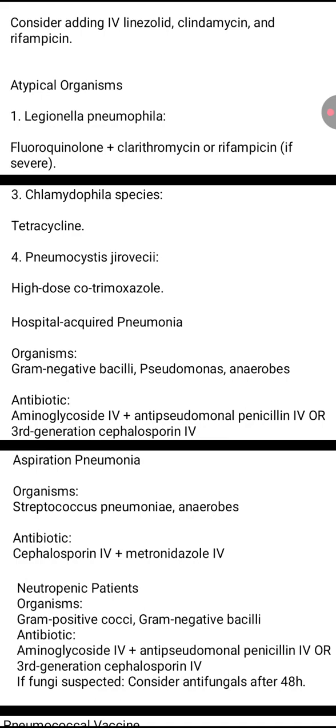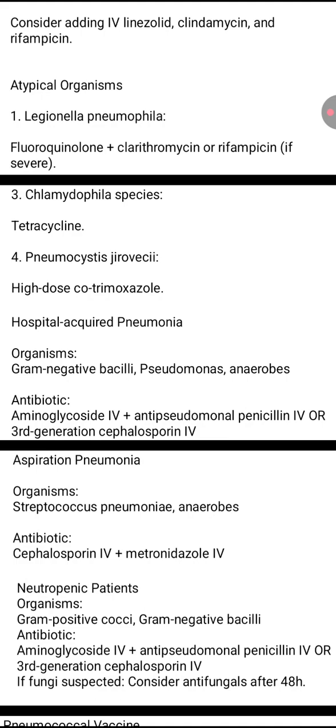If it is an atypical organism like Chlamydophila species, you can give tetracycline. If it is an atypical organism like Pneumocystis jirovecii in immunocompromised patients, you can give high-dose cotrimoxazole.